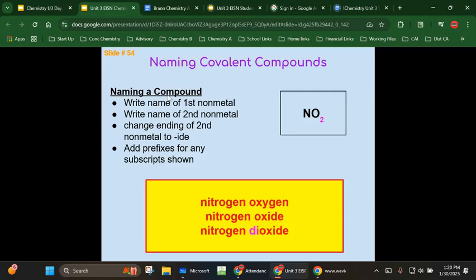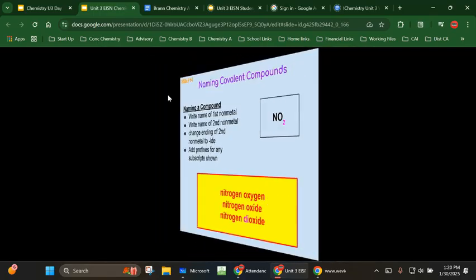I'm not going to do that to you, okay? I'm not going to give you part of a compound with a charge and ask you what it is. But understand, you can have nitrogen dioxide, NO2, and you can have nitrite, which is a polyatomic that will go with another element. Okay? All right?